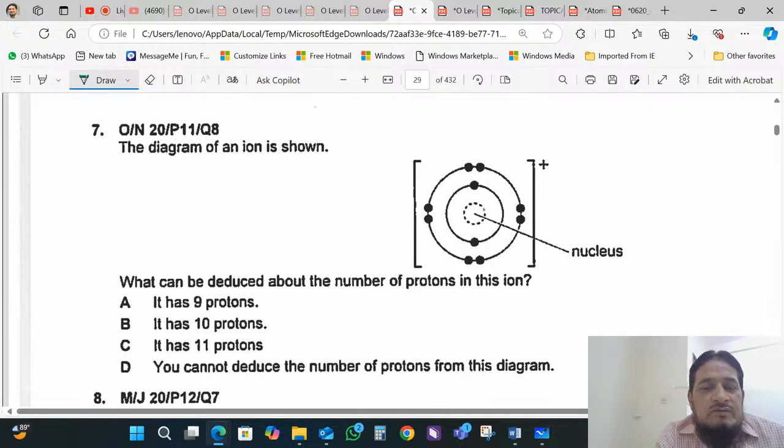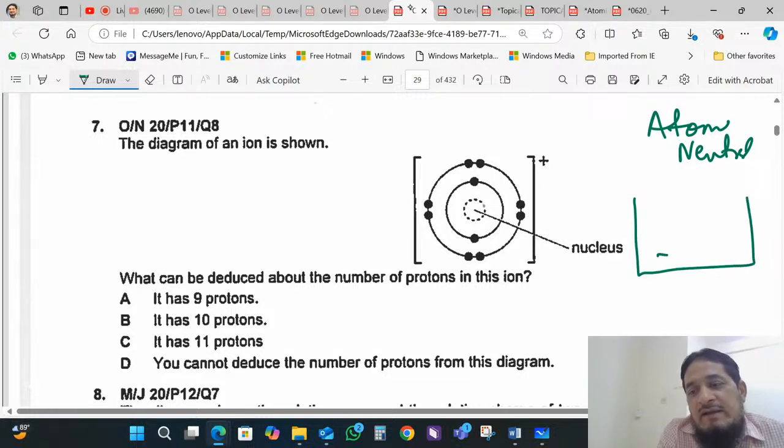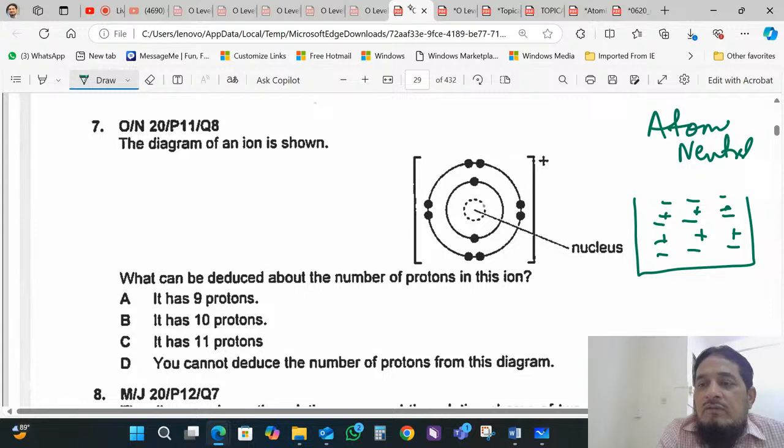So you should be working with electrons and protons. An atom is actually neutral. Neutral means this is having an equal number of negative and positive. So equal number of negative and the positive.